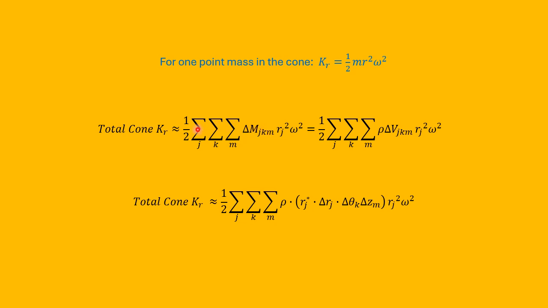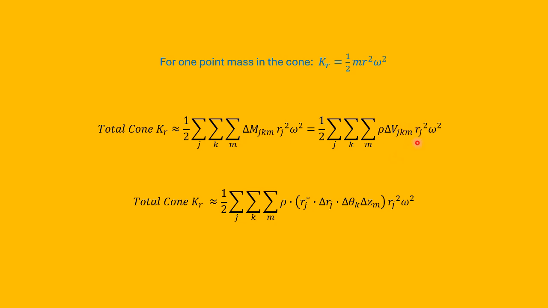And so that's going to be about 1/2 the sum over the indices j, k, and m, the mass of the jkmth little sub-region, times the radius from the axis of symmetry to that mass, that radius squared, times omega squared. And for this mass here, that is going to be the mass density times the volume of that little wedge. And so we get this sum approximating the total cone's kinetic energy of rotation.